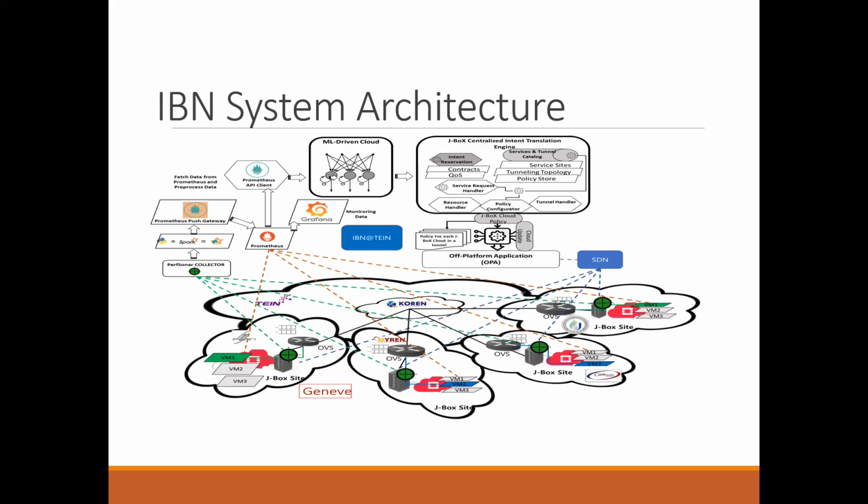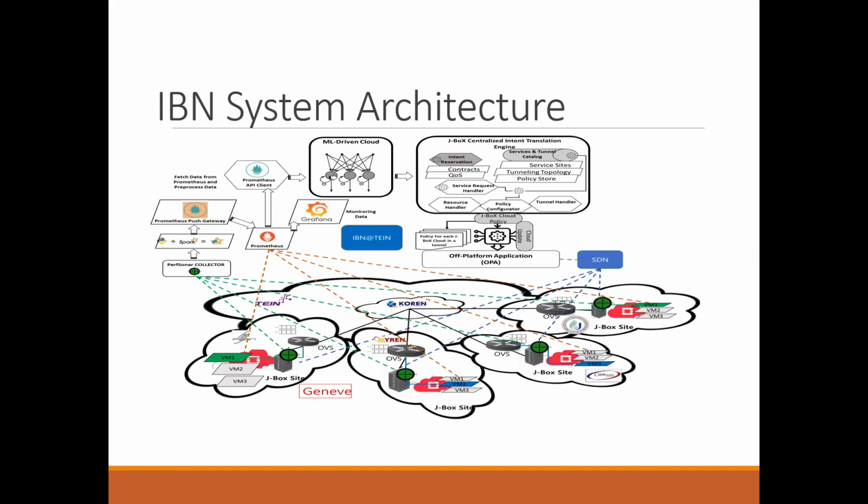The monitoring tools that monitor the bandwidth, delay, and jitter, and also the utilization of the virtual machines, are given as input to the machine learning model that has been presented in the last slide.